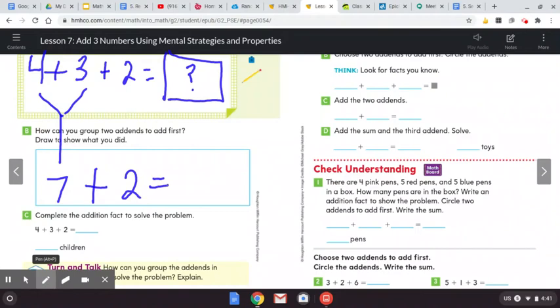Now, 7 plus 2. Hopefully you know that 7 plus 2, add on or count on 2, 7 in your mind, 8, 9 is your answer. So how many children are still on the playground? 9.